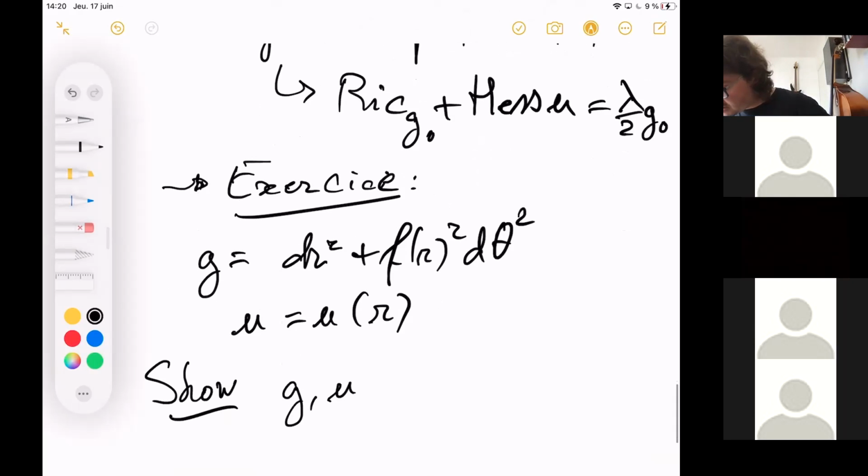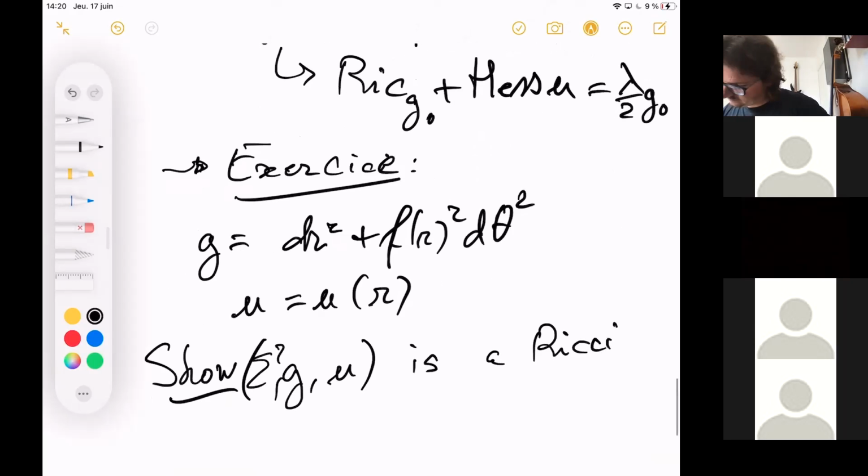So show that the surface is a Ricci soliton, a gradient Ricci soliton.